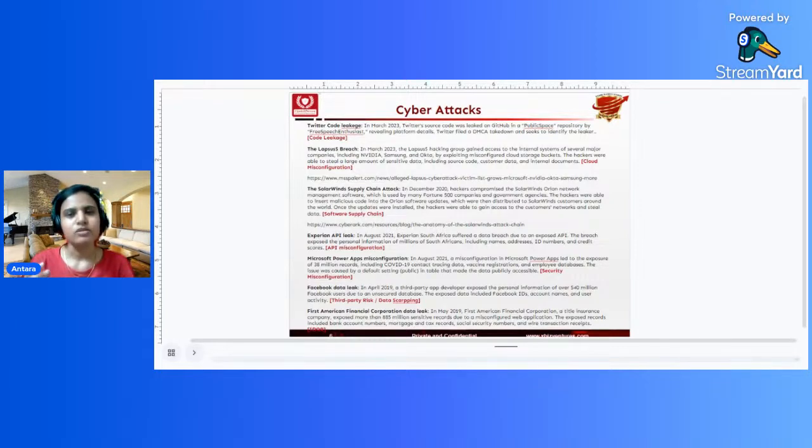So basically the attacker got hold of the publicly exposed Twitter repository, and with the help of that, the attacker was able to gain access to their entire source code, with just one public leakage of their repository. This caused pretty great reputational damage for Twitter. And I'm going to show you a couple of examples of code leakage as well in the upcoming slides.